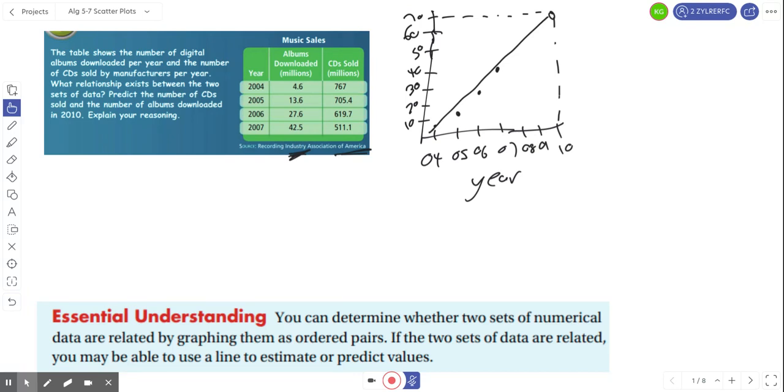So I would guess that we would have an ordered pair here because the year and the albums downloaded are related. As the years go up, the number of albums goes up.